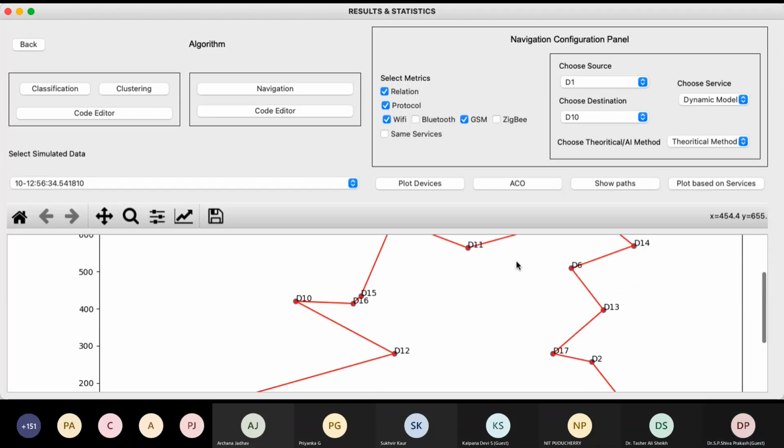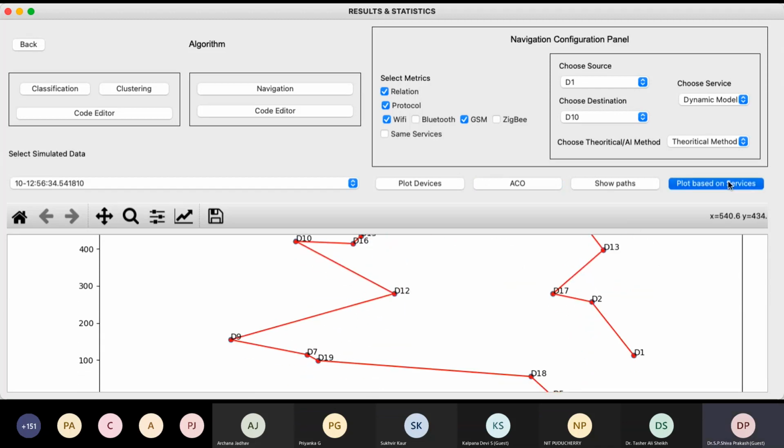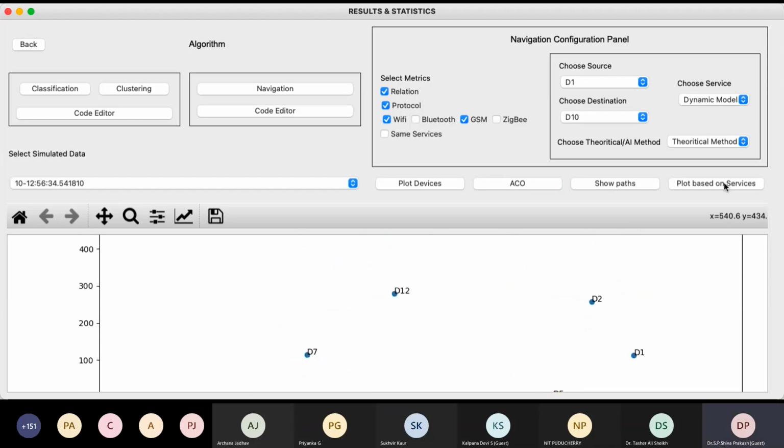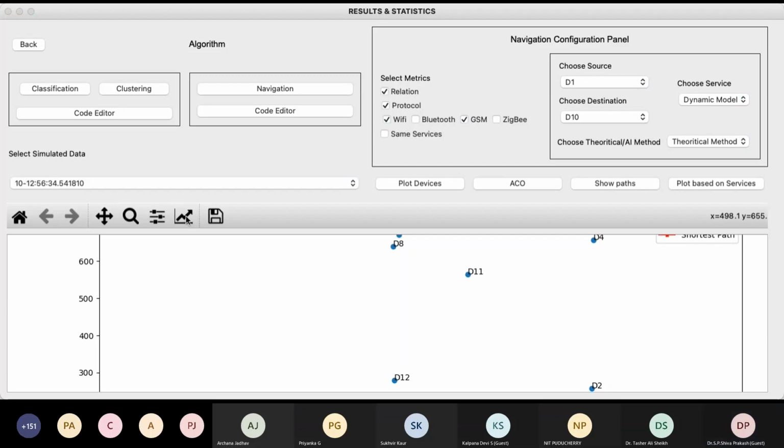Further, the results can be used based on the services, and we can plot this, or you can save these results.